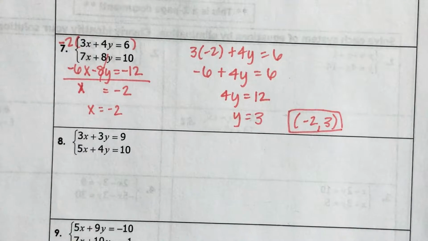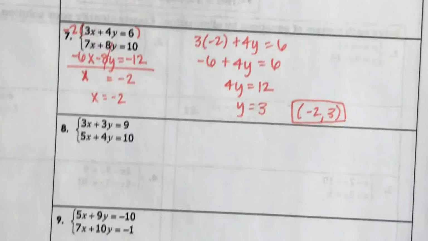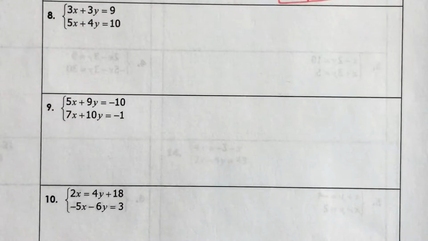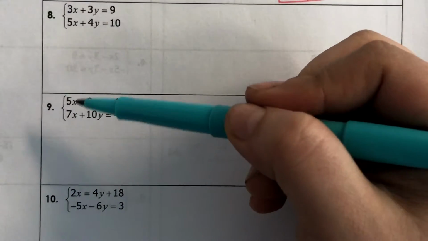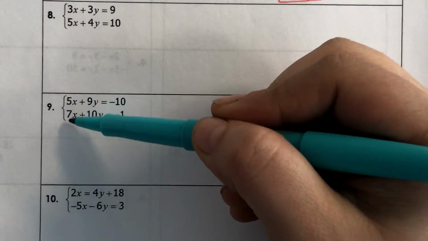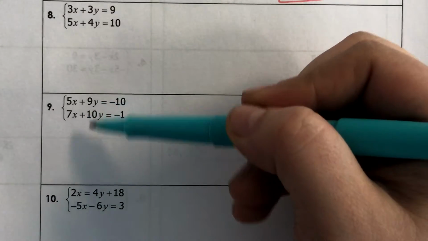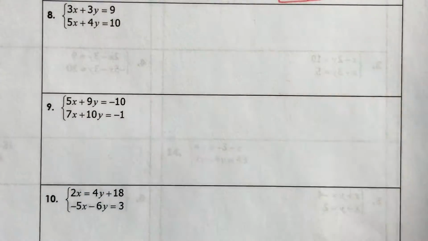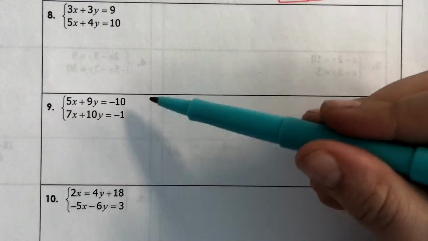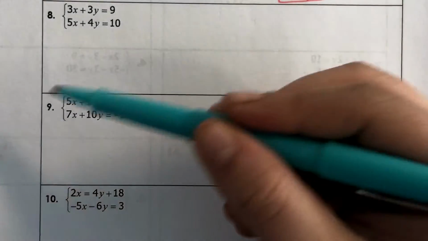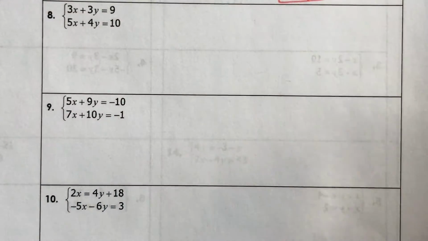Let's do number 9. We only have 2 left. Okay, this is a little complicated. There is probably no way I can make 5x look like 7x or 9y look like 10y. So in this case, I have to multiply both equations by a number to create opposite coefficients.